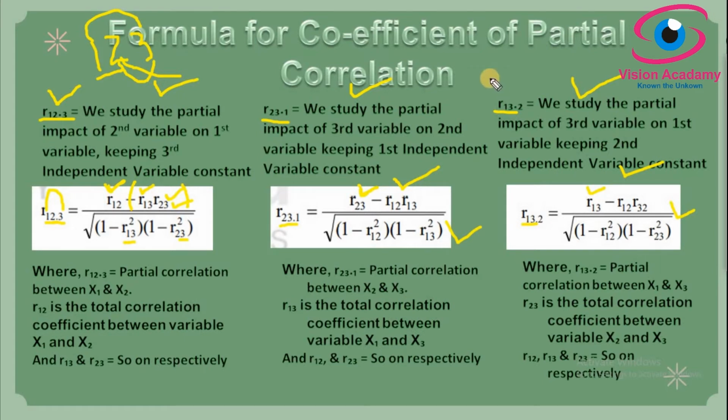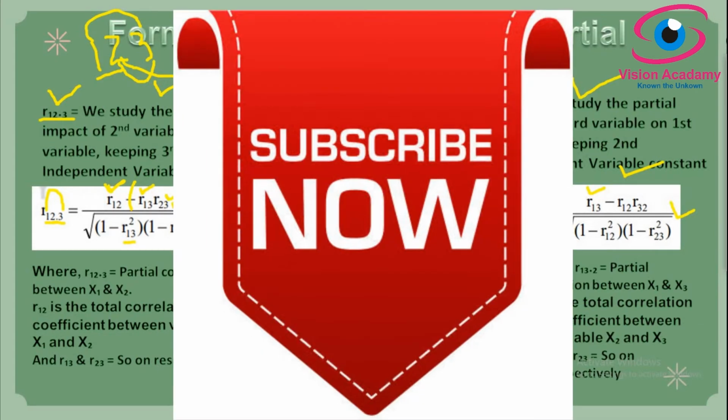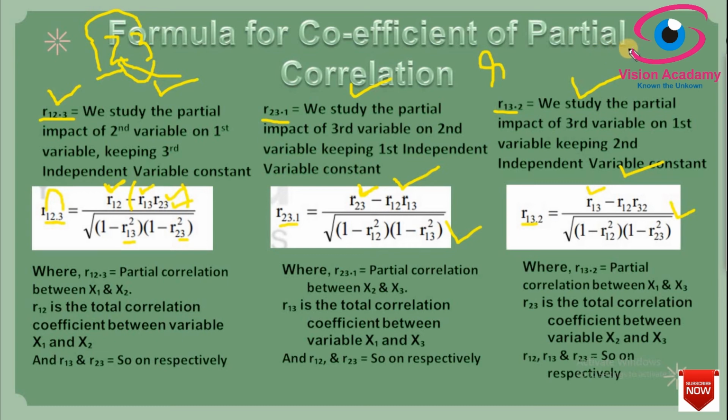In the case of partial correlation, we denote it by small r, and since we are dealing with more than 2 variables, we have variables 1, 2, 3. Using these 3 variables, firstly you have to make the first combination, second combination and third combination, and when you understand the logic, you can make a formula for each combination. That is very important rather than trying to learn it by heart.